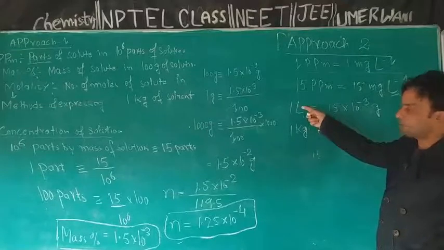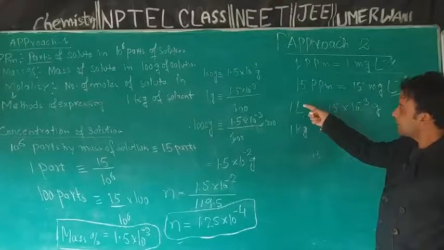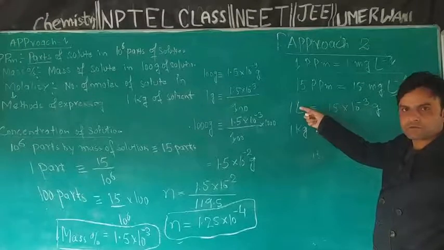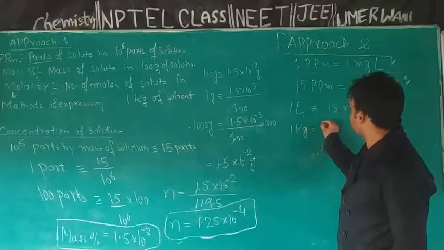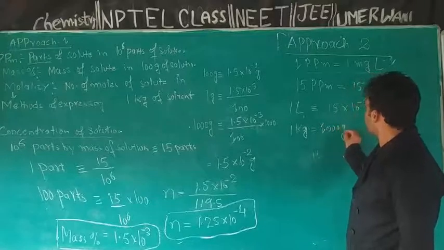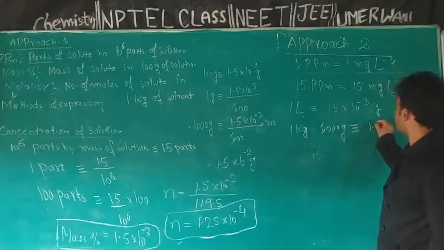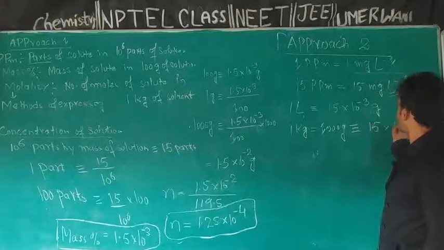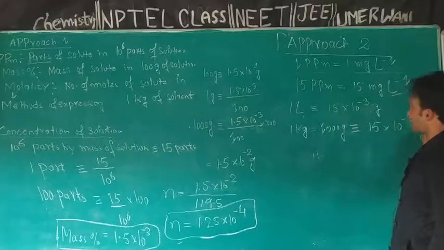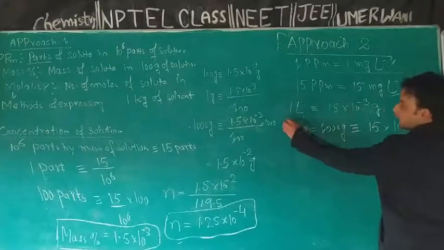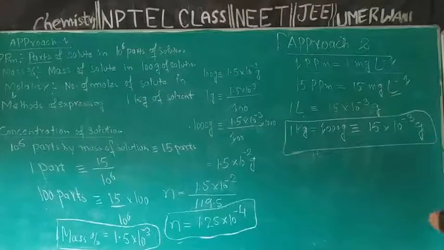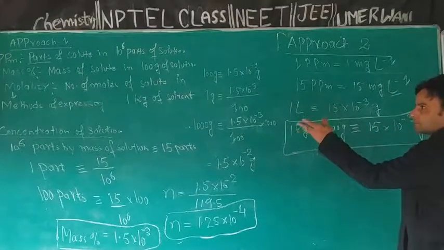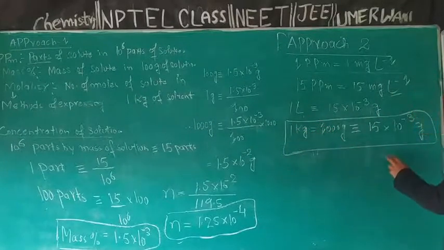Volume of solution can be taken equal to volume of solvent, and because solvent is water, its density is 1, 1 liter means 1 kg. 1 kg is equal to 1000 gram contains 15 into 10 raised power minus 3 grams. I will use this as base information to calculate its mass percent and its molality.